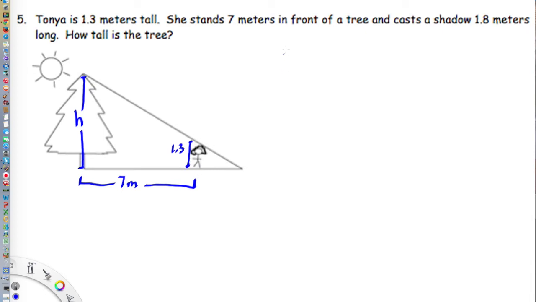And then the shadow that she casts from here to here is 1.8 meters. So there's our two triangles. We have a big triangle with a height that's unknown, but the big triangle actually has a length, if we add these two together, of 8.8 meters altogether. So that's the base of our big triangle.